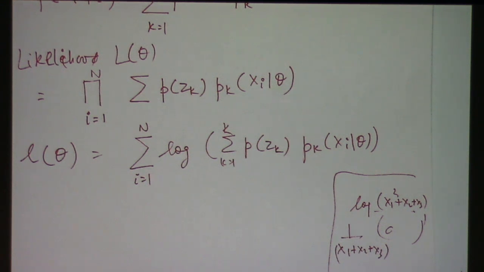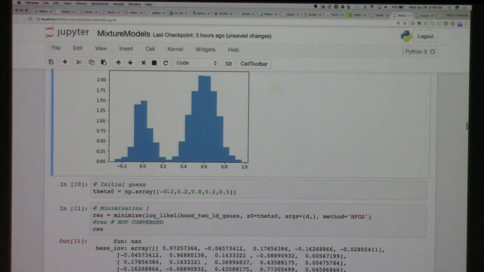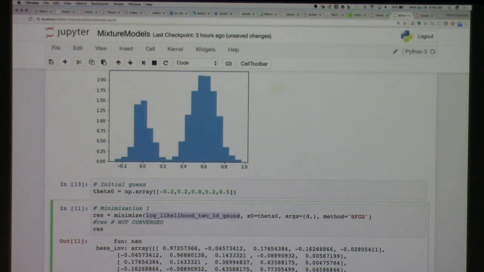So let's say our data was this, and we want to maximize this log likelihood, right? All right, so let's say this is our data. I could compute the log likelihood of my data set using the previous equation.